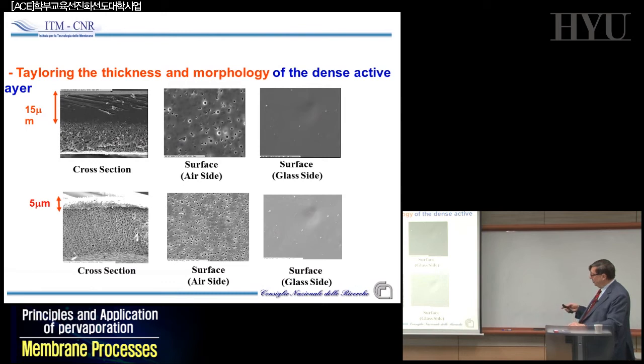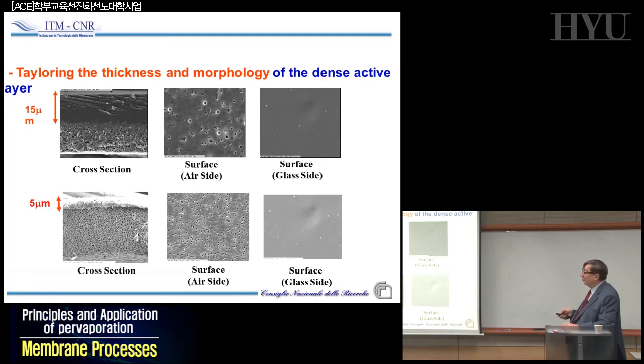And you can also try to change thickness and the overall morphology. You can see that you can obtain a system with, on the dense side, on the surface side, basically no porosity. These ones are just defects. And the cross-section is giving you a typical asymmetric behavior.